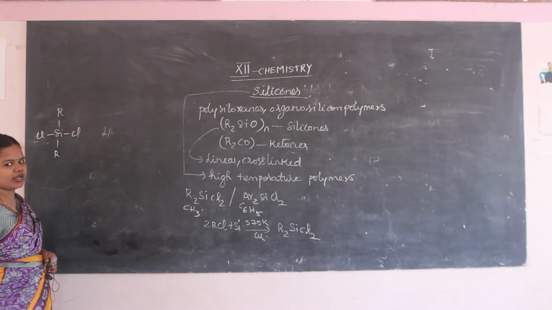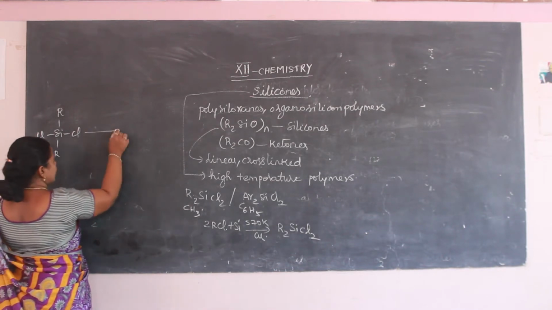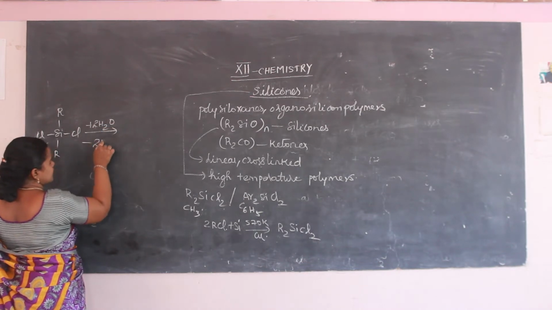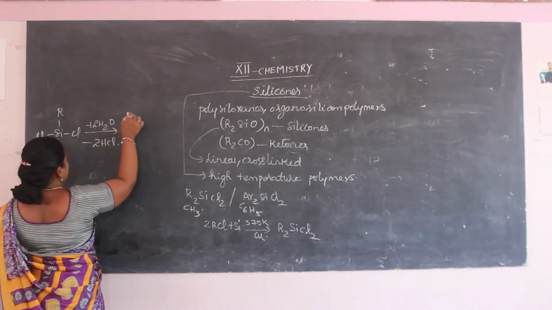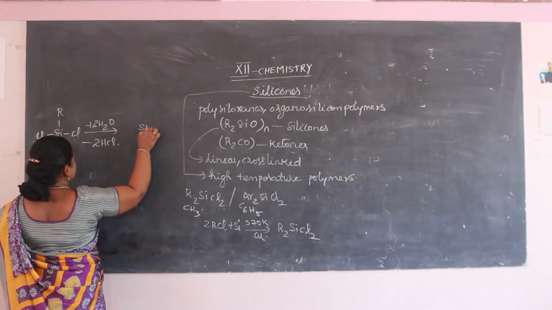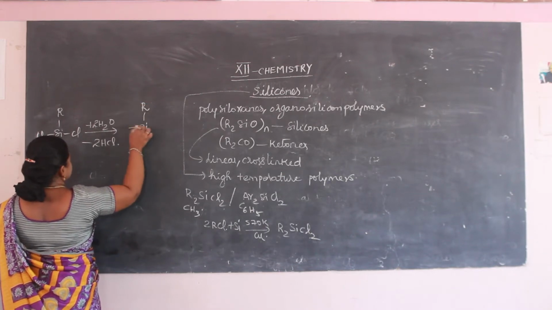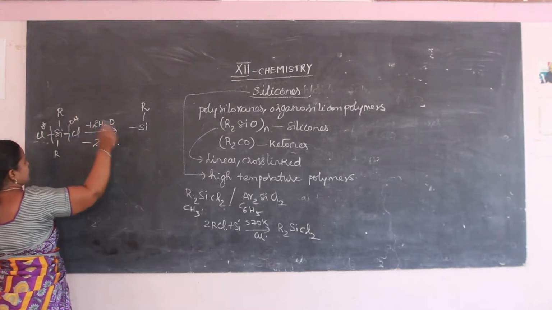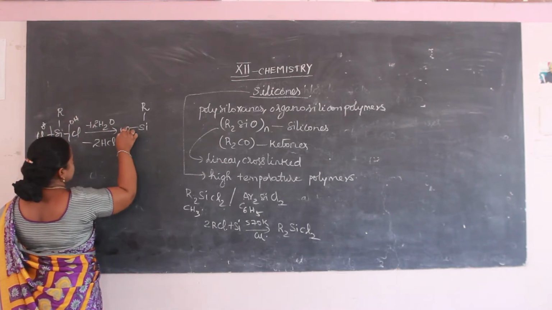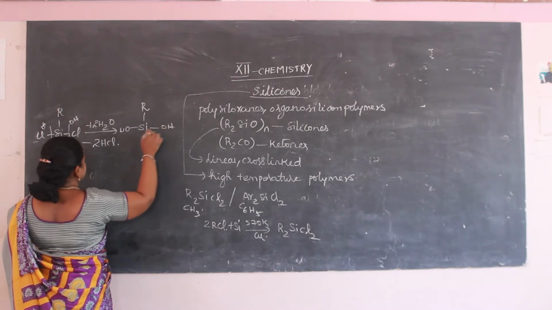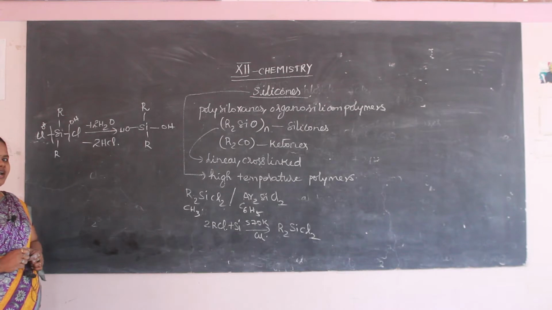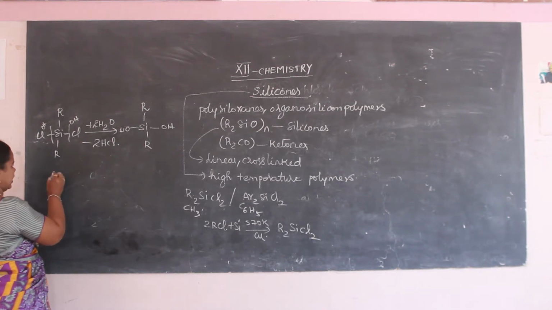R2SiCl2 on hydrolysis, plus 2H2O minus 2HCl, forms the dihydroxy compound R2Si(OH)2. Then on subsequent condensation and removal of one mole of water, we get polymers.